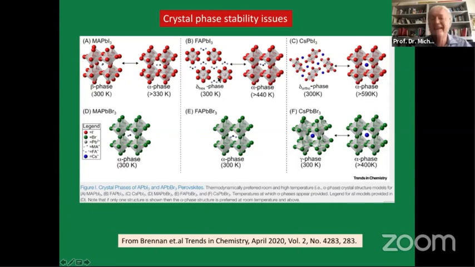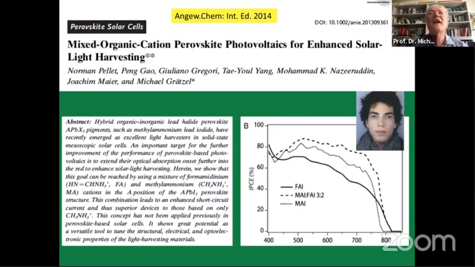And so an important discovery, which has been directing research ever since, I have to say, was the discovery with Joachim Maier and his group from Stuttgart at the Max Planck Institute for Solid State Research, that you could stabilize the formamidinium just by mixing in methyl ammonium iodide.